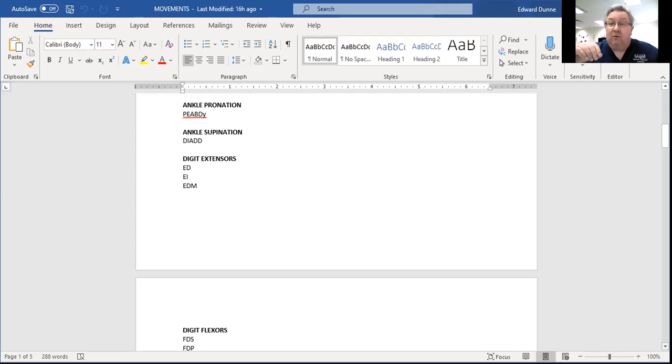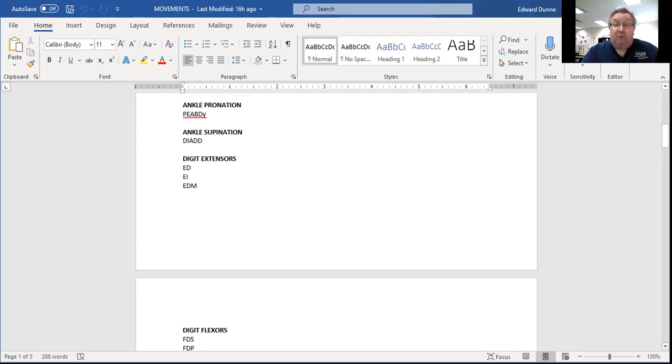When the ankle pronates, it does three motions. It does Peabody. It does plantar flexion, the P. It does eversion, the E. And it does abduction, the ABD. So pronation is a combination movement of the ankle of plantar flexion, eversion, and abduction.